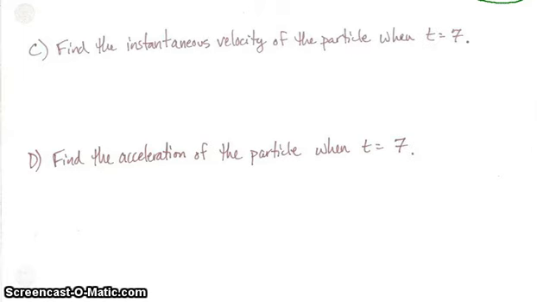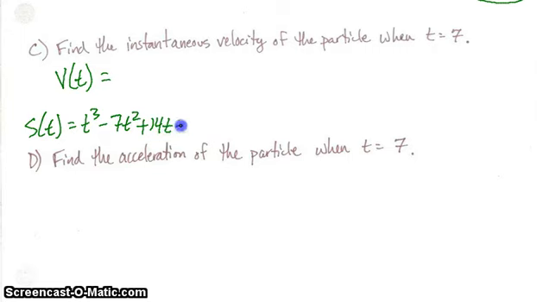Now, we need to actually find the velocity function, which is the derivative of the displacement. So if we're looking back at our s sub t, we're going to remember that it is t cubed minus 7t squared plus 14t minus 8. Therefore, the derivative would be 3t squared minus 14t plus 14.